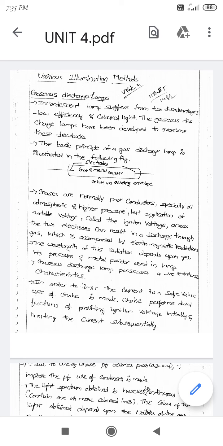Gases are normally poor conductors, especially at atmospheric and high pressure, but application of a suitable voltage, called the ignition voltage, across the two electrodes can result in a discharge through the gas, which is accompanied by electromagnetic radiation.